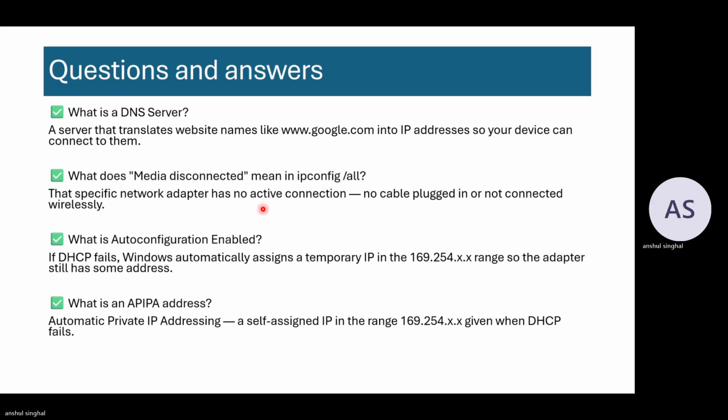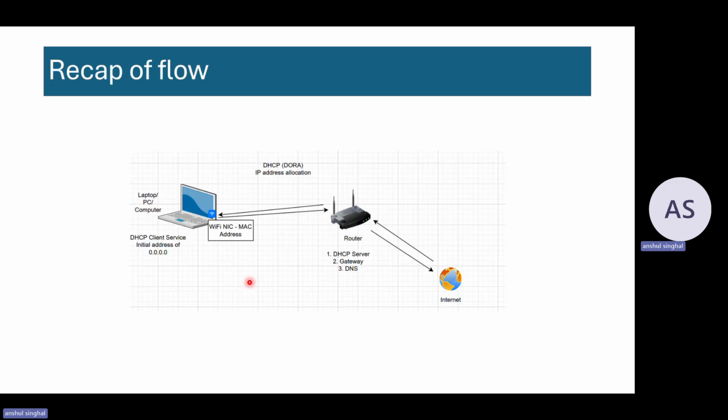Then the next question is, what is auto configuration enabled? In previous videos in our computer network series, we had discussed that it could happen, for example, that the laptop is booting up and it's not able to make a connection to the router for any reason.